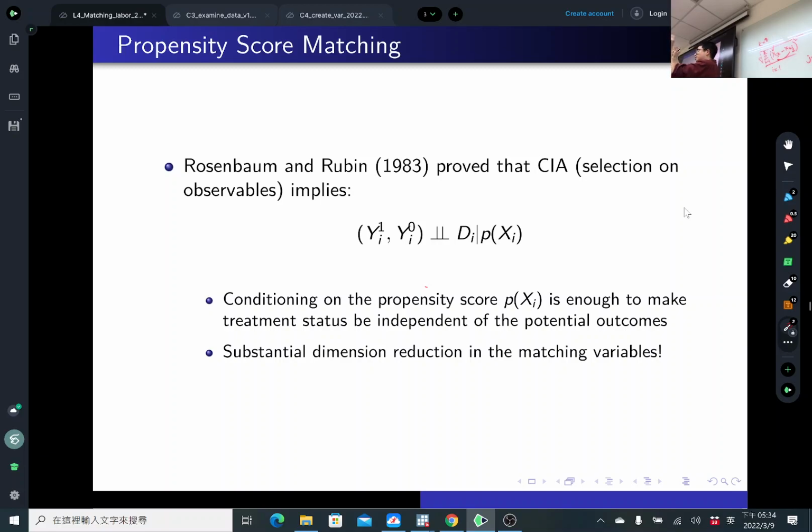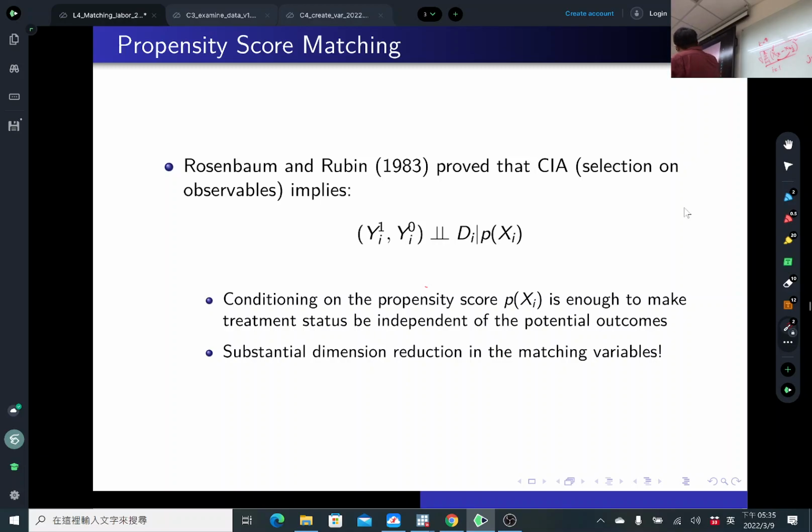If you compare units with the same propensity score, whether they get treatment or not is independent of their potential outcomes. The difference between CIA and this is that instead of controlling for X, you just control for the propensity score itself, because the propensity score is a function of the X characteristics, so it summarizes their effect.